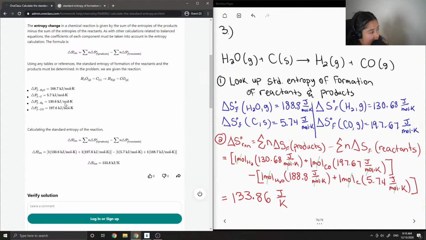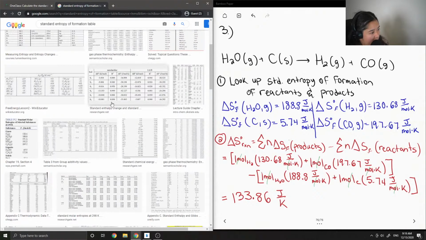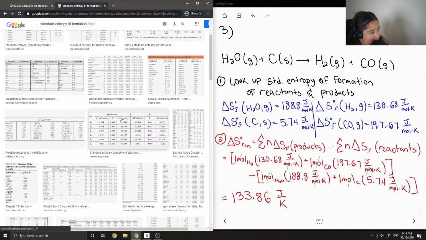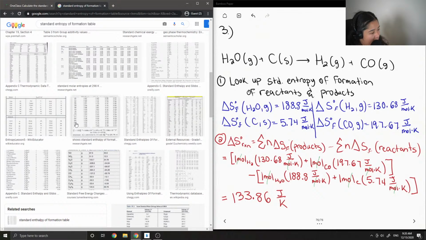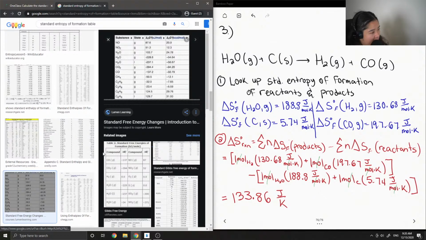Yep, so here they just have their units in kilojoules per mole over Kelvin. So let me just check another table to see what units they use. Yeah, so typically it is joules. Let me check another source, just in case.